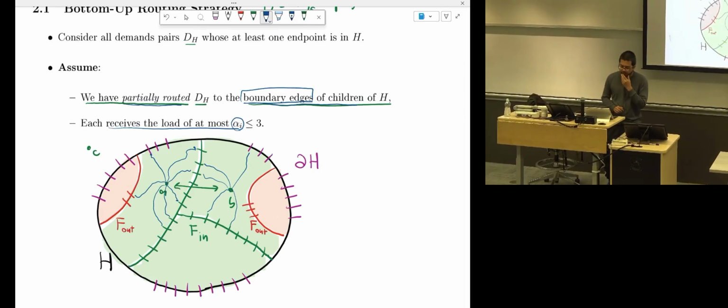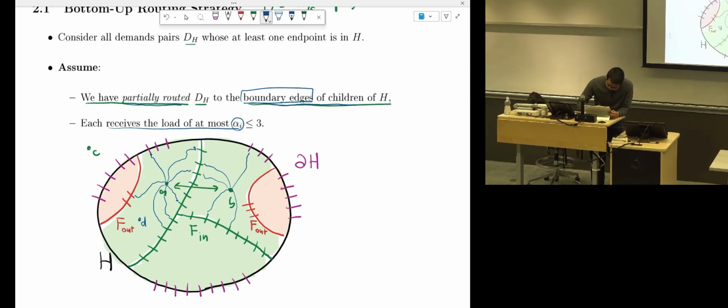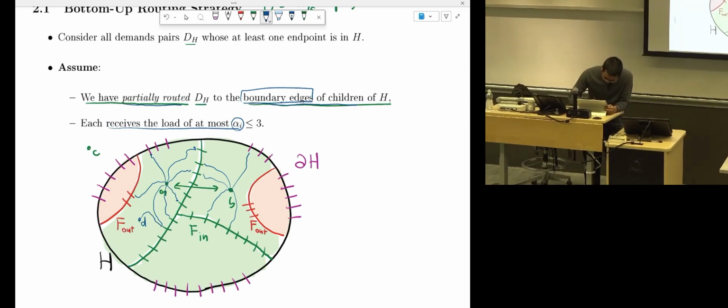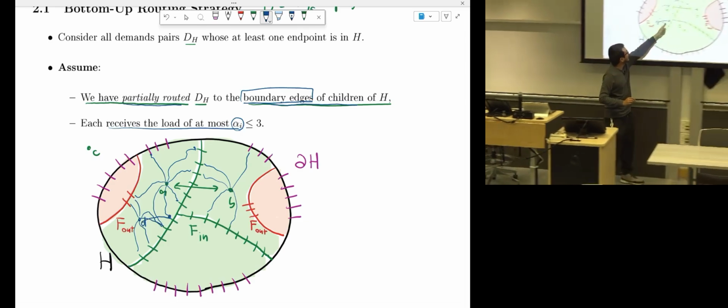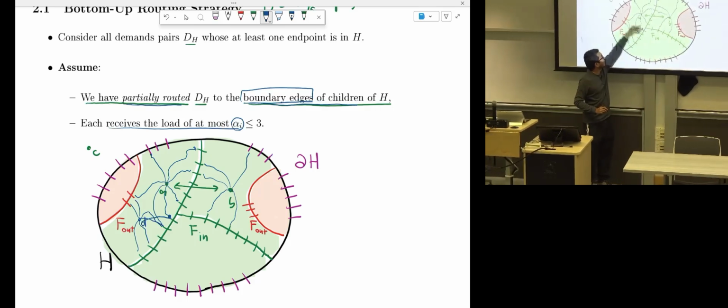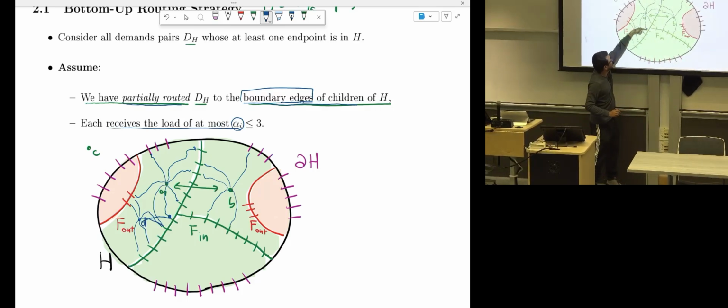So what I mean is that I may have another demand here, and this guy might try to send flow like this. Although this edge has capacity 1, the total flow that tries to be sent to this guy is at most alpha I. So it can be a bit more than 1.